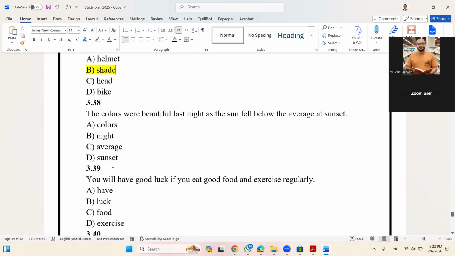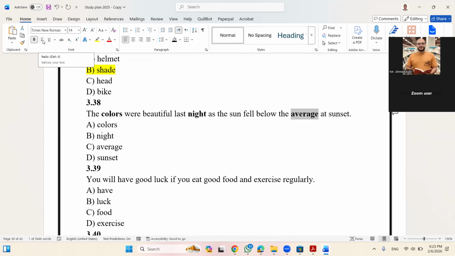Next. The colors were beautiful last night as the sun fell below the average at sunset.